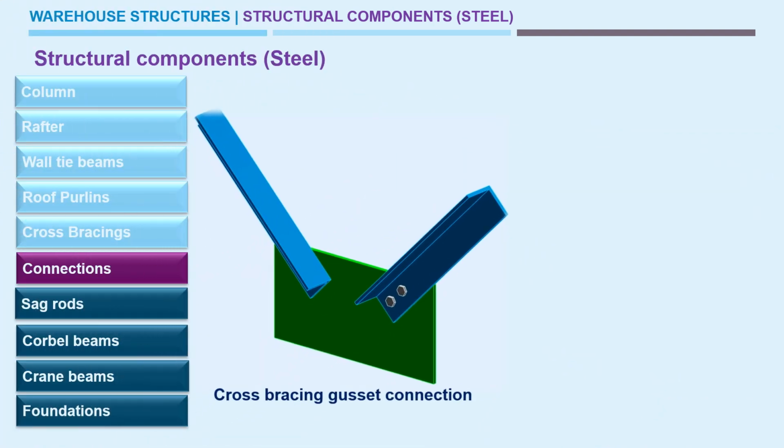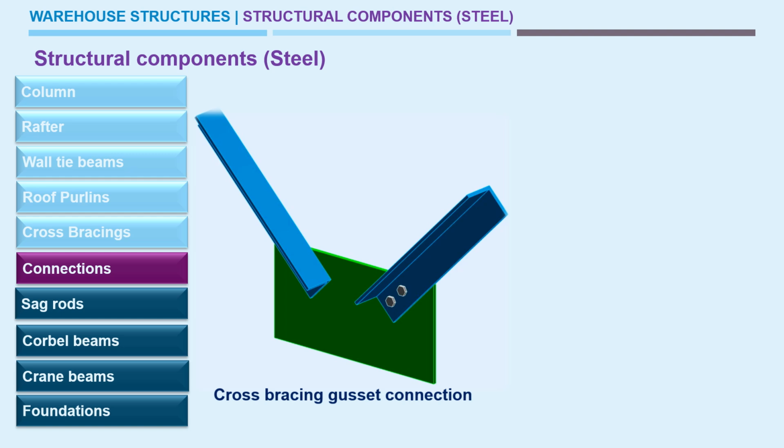The third type is cross bracing gusset connections. This green color plate is called a gusset plate. The requirement of gusset plates is based upon the number of bolts and the connection members. If the connecting member has enough flange width to hold the two bolts, then the gusset plate is not required.